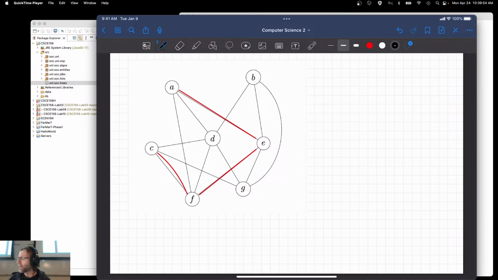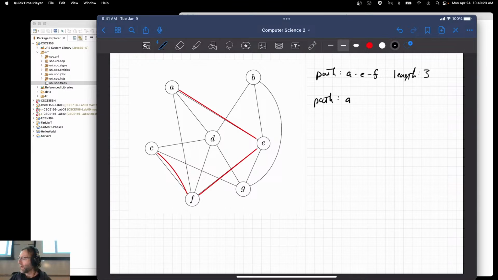What is its length? Well, how many edges did I cross? 3. How many vertices did I visit? 1, 2, 3, 4. What does that tell you about the number of vertices versus the number of edges in a path? It's always off by 1. Okay? Here's another path.